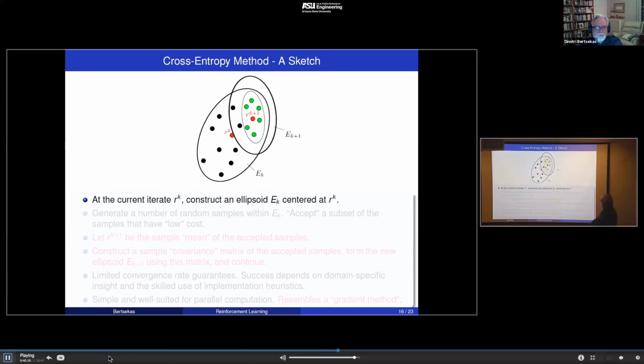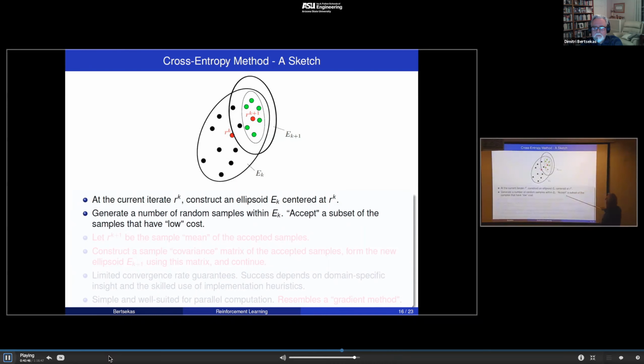And at the current iterate, it constructs an ellipsoid, which I denote here by Ek, which is centered at the current iterate. This is the neighborhood within which we search. We generate a number of random samples within this ellipsoid, and some of them are going to be good, some of them not so good in terms of cost.